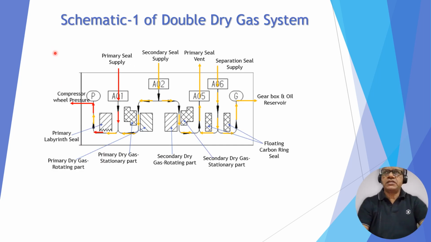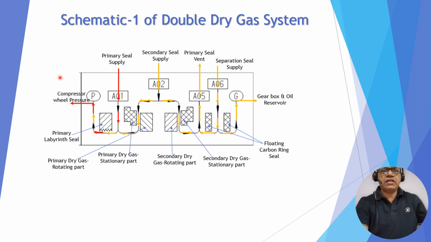First of all, let us understand why the double dry gas seal system is required. If you look at this system, the primary supply has most of the gas passing through the labyrinth, and the secondary supply is between two dry faces. Then it has the primary vent here, and last we have a separation seal supply.